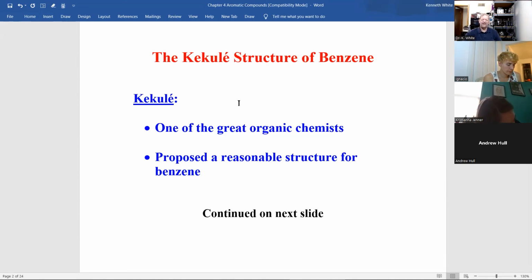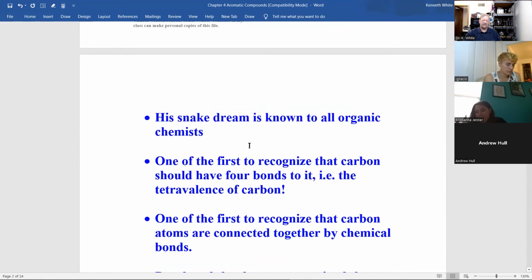How did it look? And Kekulé was the one who did that. He proposed the reasonable structure, really the solution for benzene.